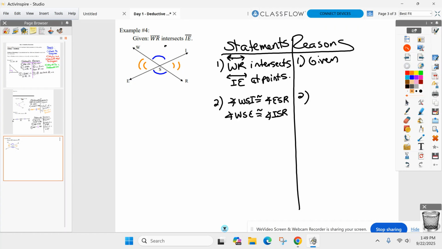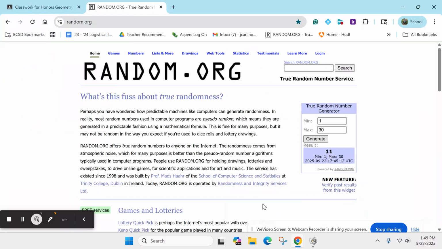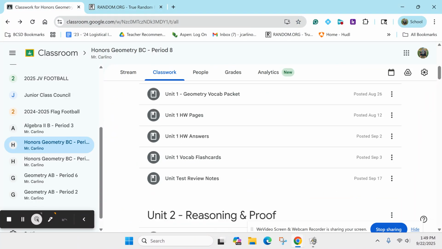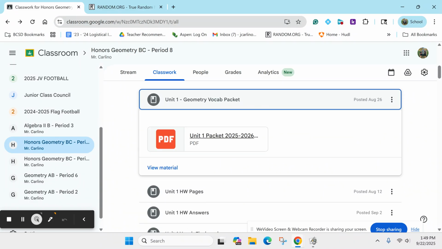We called them vertical. Okay, and now I know what many of you are trying to get ahead of me. I'm not going to put the definition of vertical here, because all that means is they're opposite each other. Actually, I'm going to bring it up just to show you, because I want you guys to see it instead of me just talking about it. There's a packet.